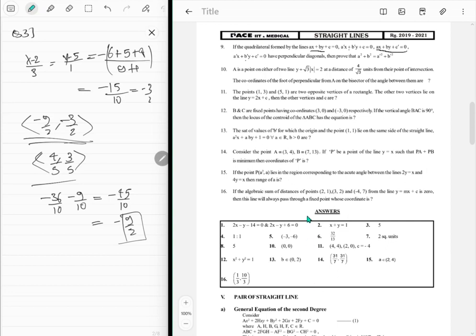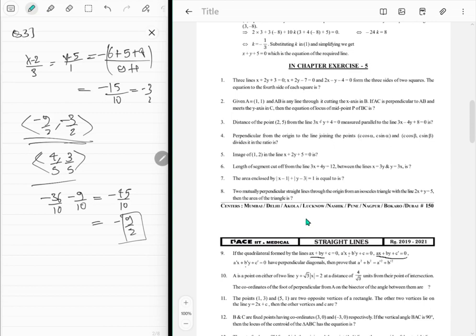Question number 3. What was question number 3? Okay, so you just found the point of projection. So it's 2 upon 3. Yeah. So y minus 5 upon 1, okay, equal to 5.